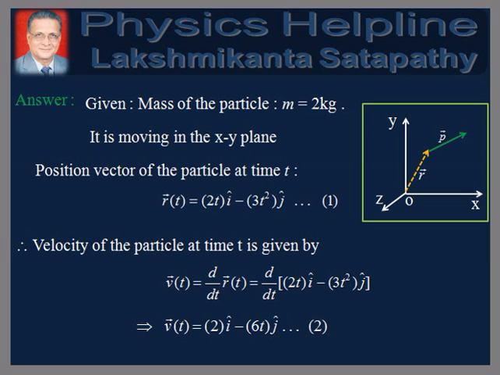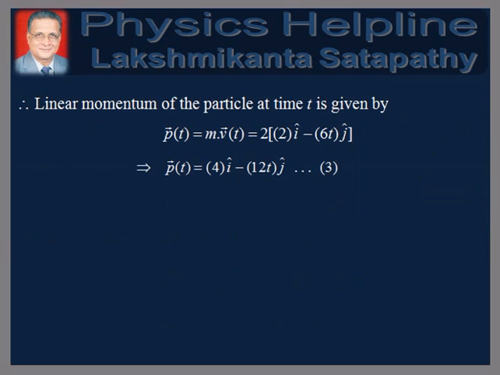On differentiation, we get v(t) = 2 i cap minus 6t j cap. Therefore, linear momentum of the particle at time t is given by p(t) = m into v(t). Putting the values and simplifying, we get p(t) = 4 i cap minus 12t j cap.